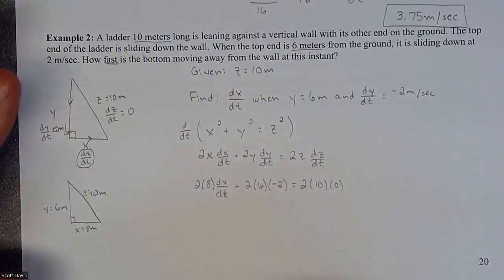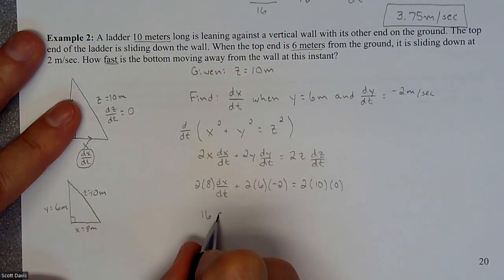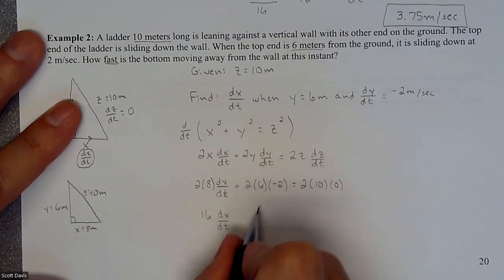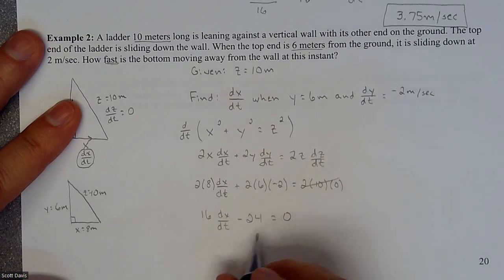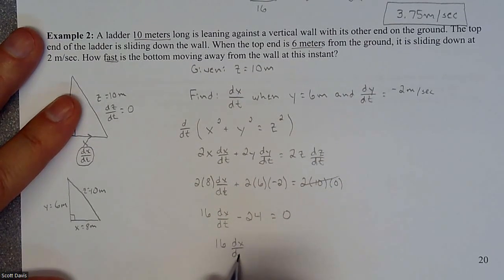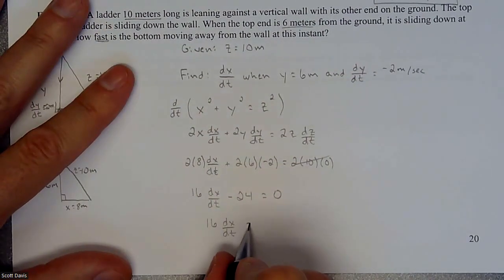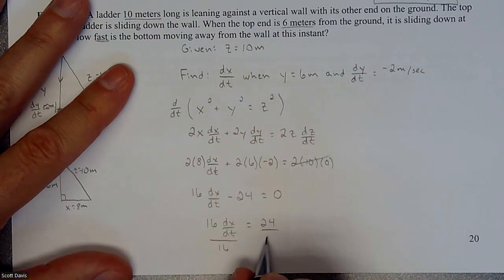So dz/dt is 0. This gives us a 16 dx/dt, and then this multiplies out to a -24. This is 0. We'll add our 24, divide by our 16. So that's going to equal 24. Divide by 16, divide by 16.